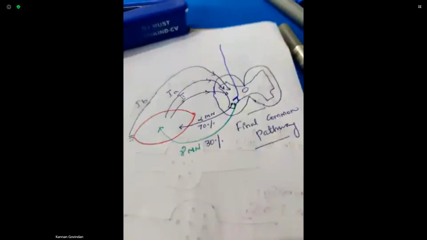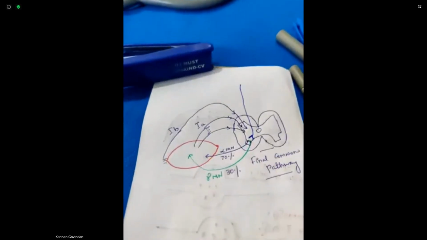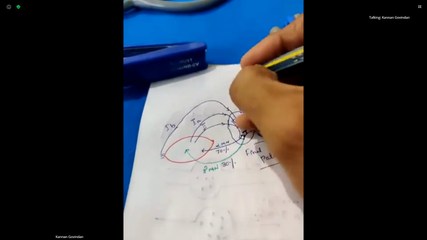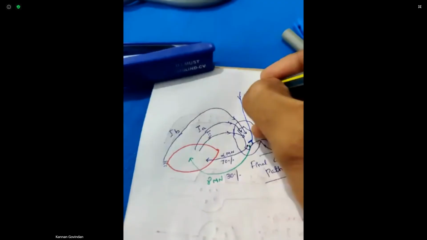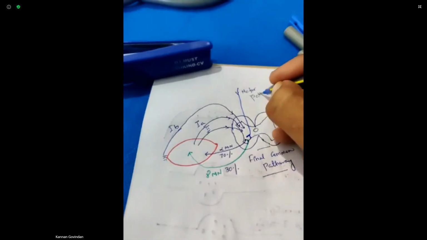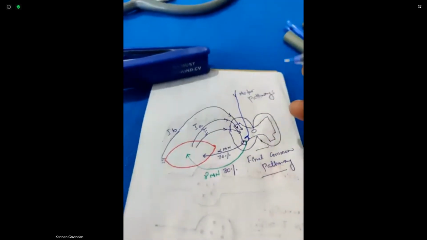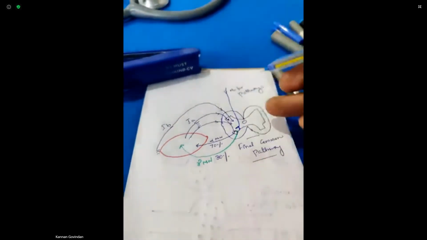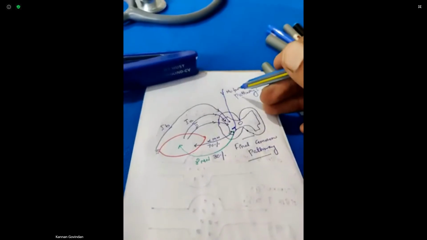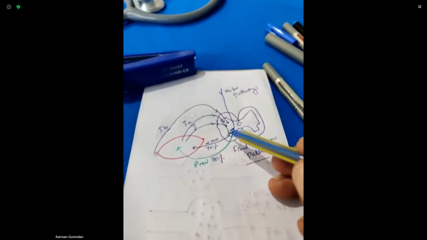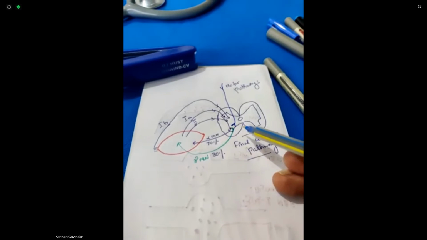So I am repeating again. This is the spinal cord, this is the muscle. These are the descending motor pathways, the descending tracts you have studied in physiology. They will come and synapse in the anterior or ventral horn cells.